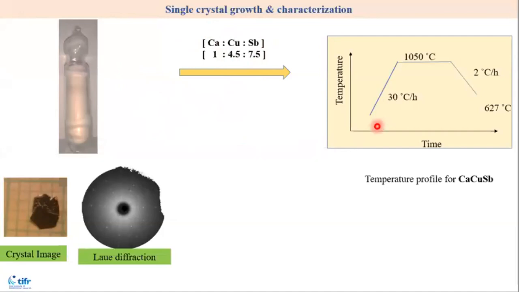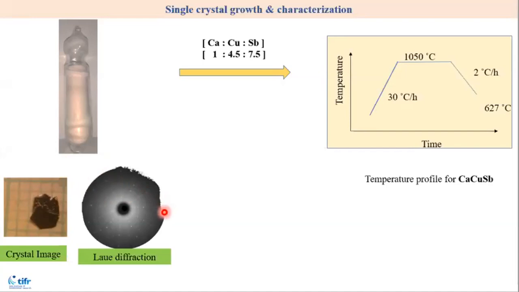Here you can see we ramp up to 1550 at a rate of 30 degrees Celsius per hour, and we cool down to 627, where we centrifuge the material. By centrifuging, we extract a single crystal. This is a single crystal grown in our lab.